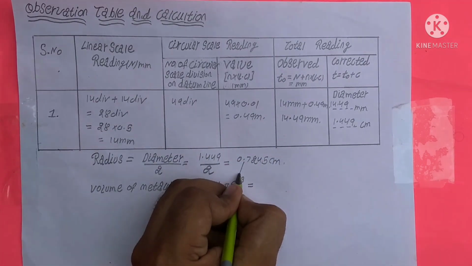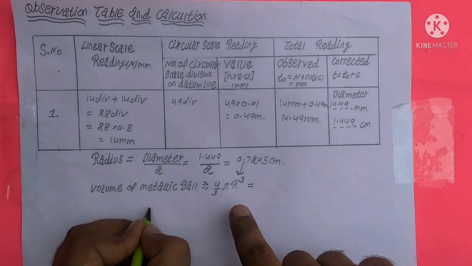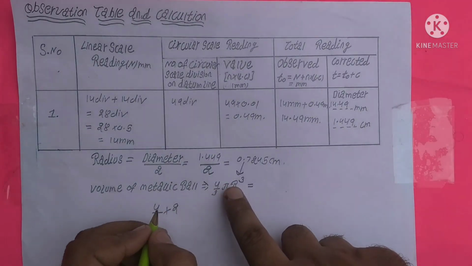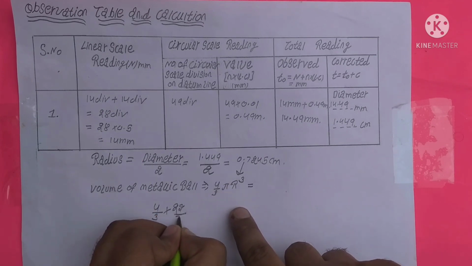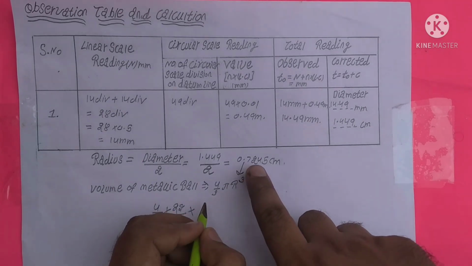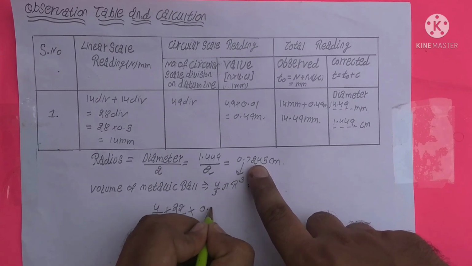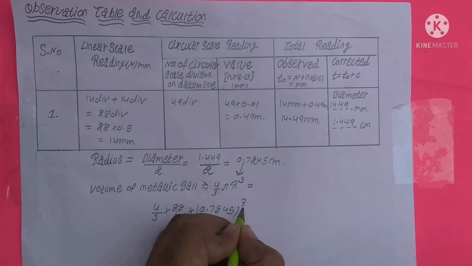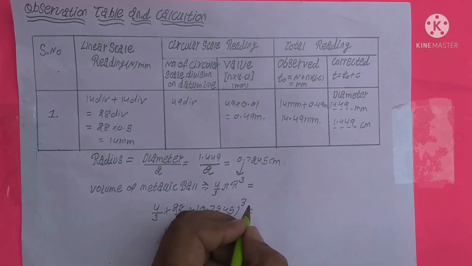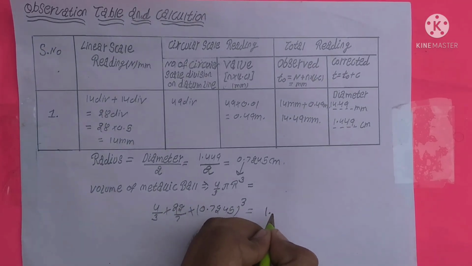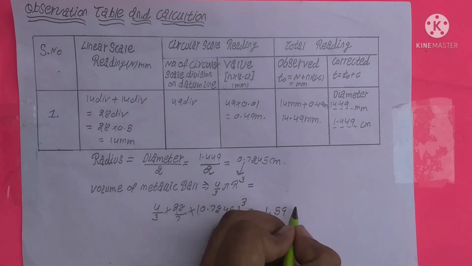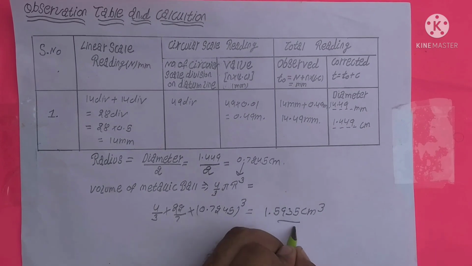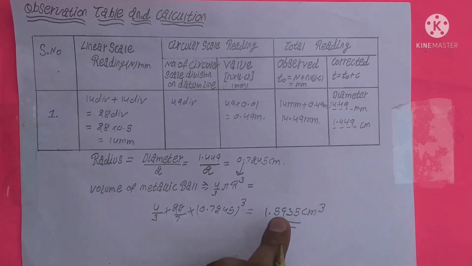Now put the value of the radius here and solve: 4 by 3, take the value of pi as 22 by 7, multiplied by the radius 0.7245 to the power cube. After solving it, the result comes out to be 1.5935 centimeter cube. So this is our final volume of the metallic ball.